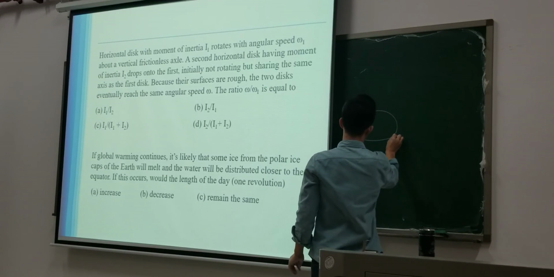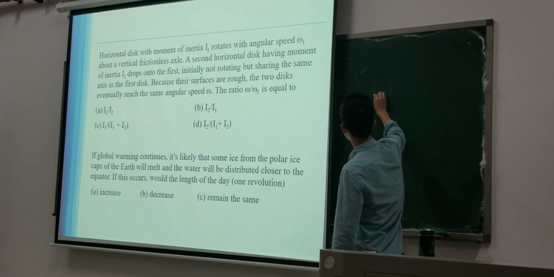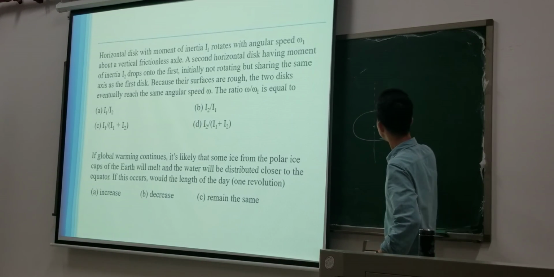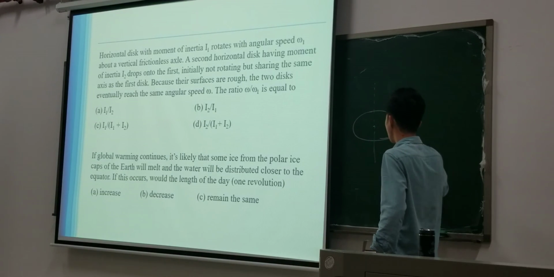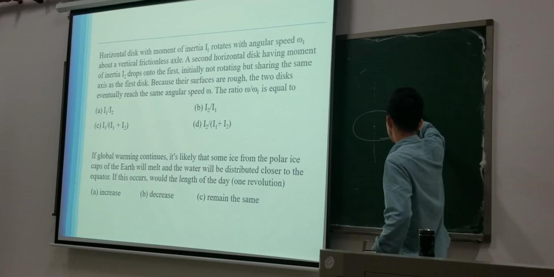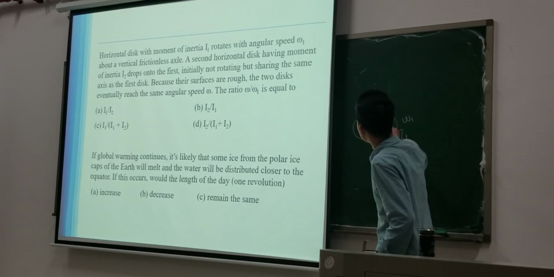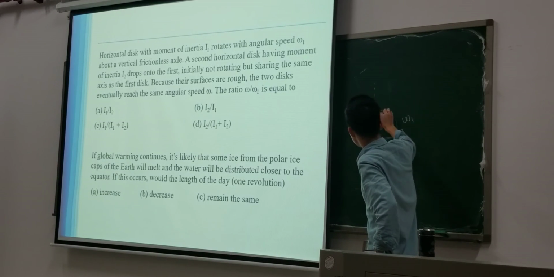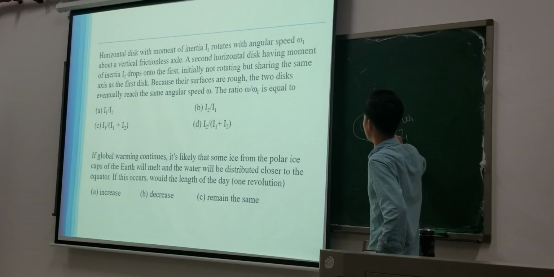There is a disk. This is disk 1, and this is the vertical axle. The moment of inertia is I1, and the initial angular speed is omega 1. Then we drop a second disk onto the first one.